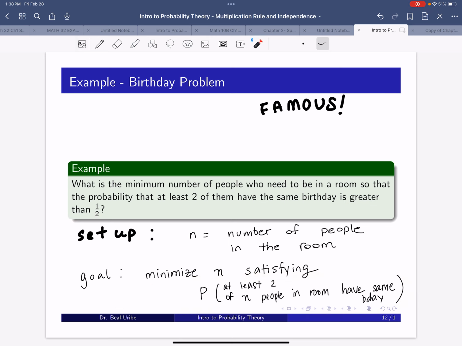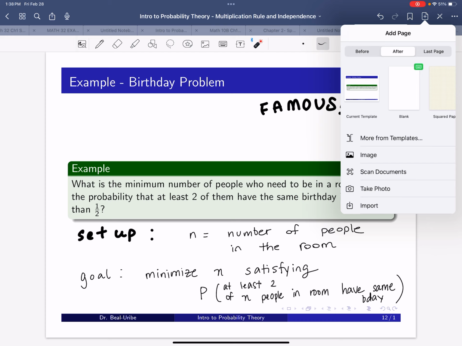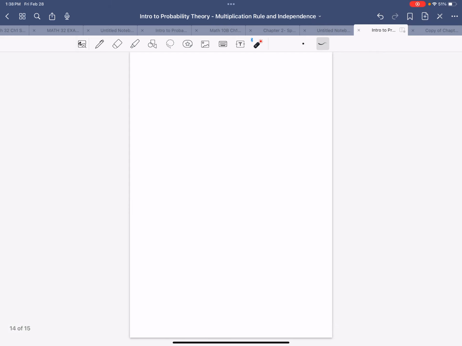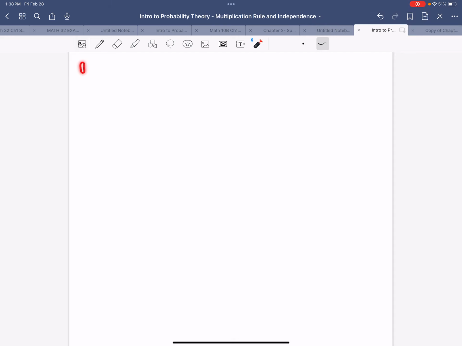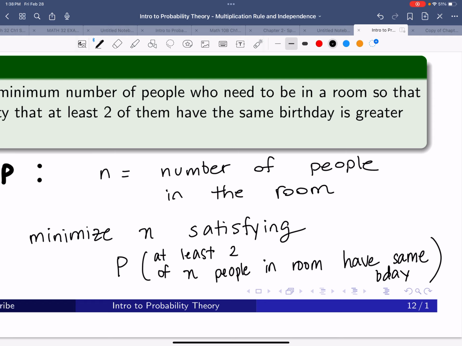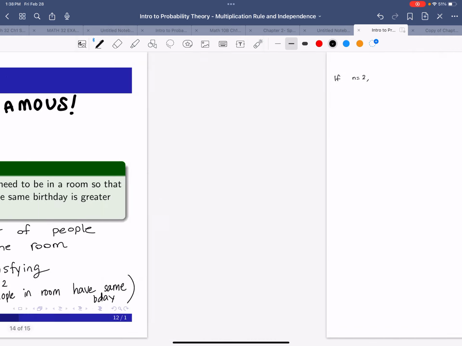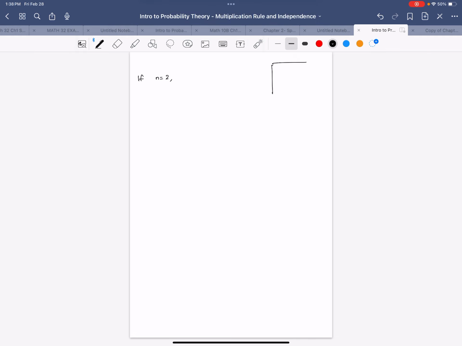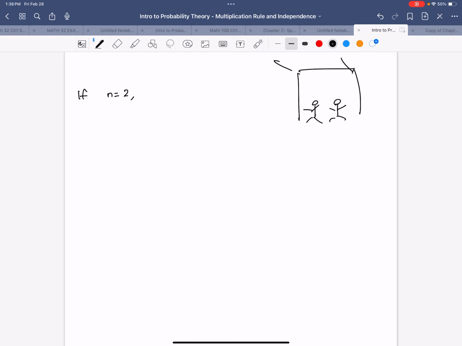So let's, to get an idea of this function, see what we get if n equals 2. If n equals 2, what is the probability that at least 2 of the people in the room have the same birthday? So we've got our little room here. You've got 2 people. And the question is, what's the probability that they both have the same birthday?